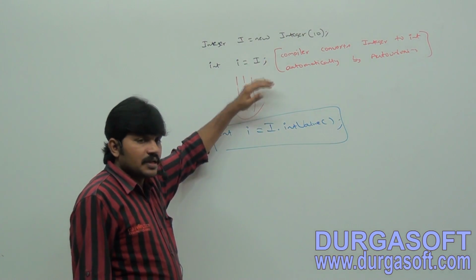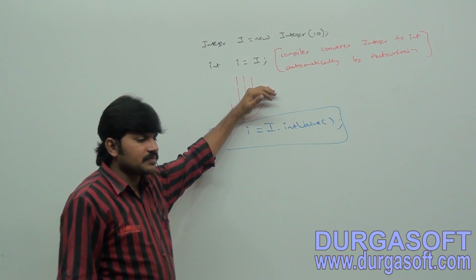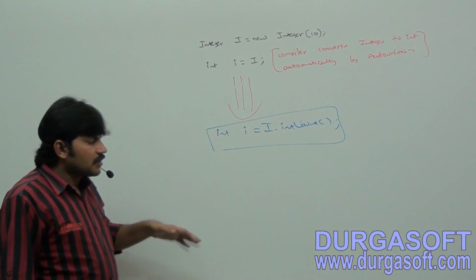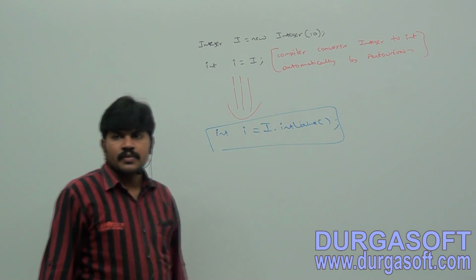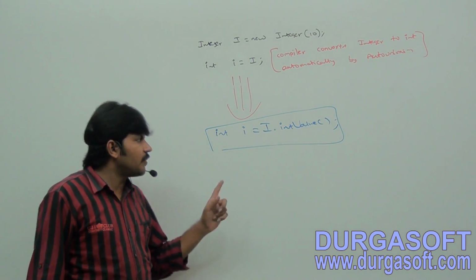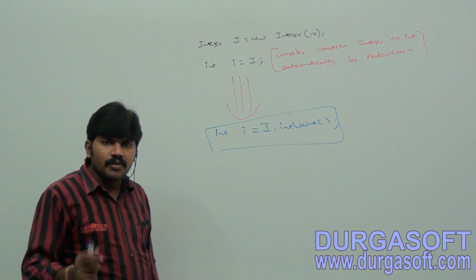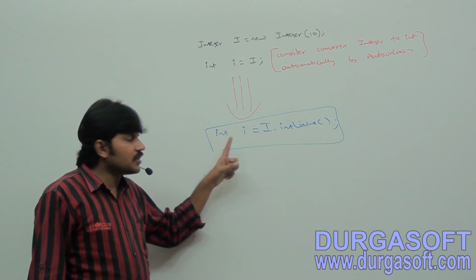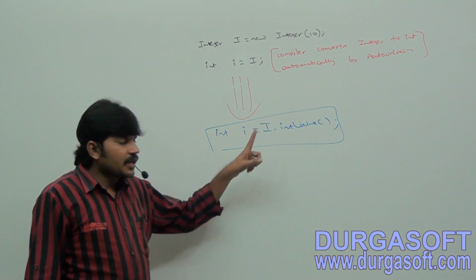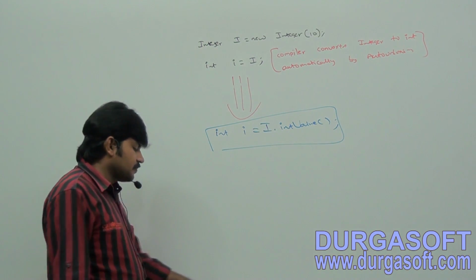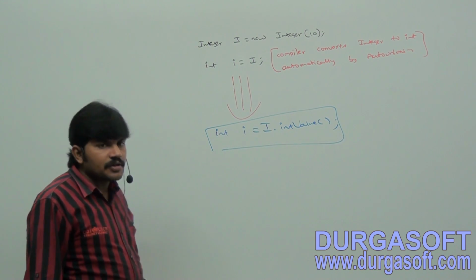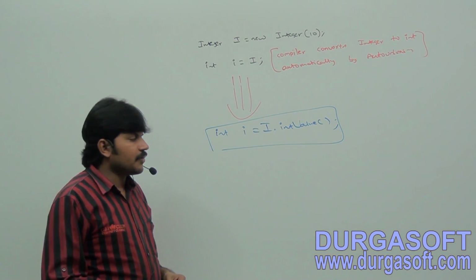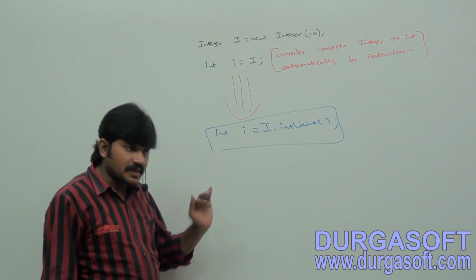Okay, completed, right? Next, after compilation, the above line will become int i is equal to capital I dot intValue. Are you getting that?